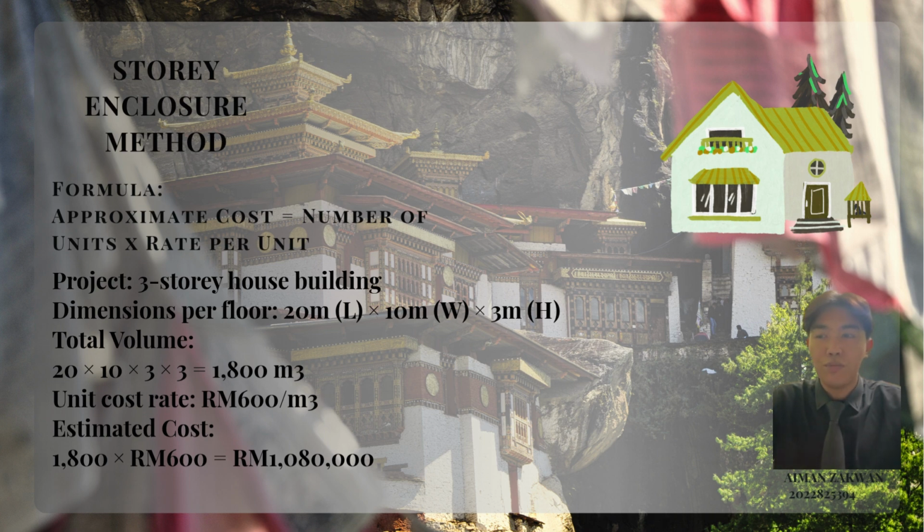So the total volume for the whole 3-story is 1,800 meters cube. And for the cost rate, one unit is 600 ringgit per meter cube. Then I will multiply 1,800 meter cube with 600 ringgit, and I will get the total estimated cost of 1,080,000 ringgit.